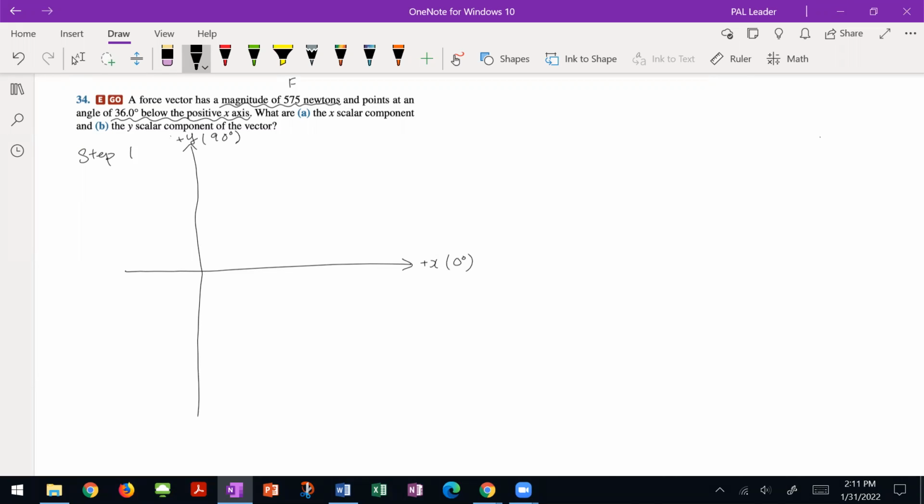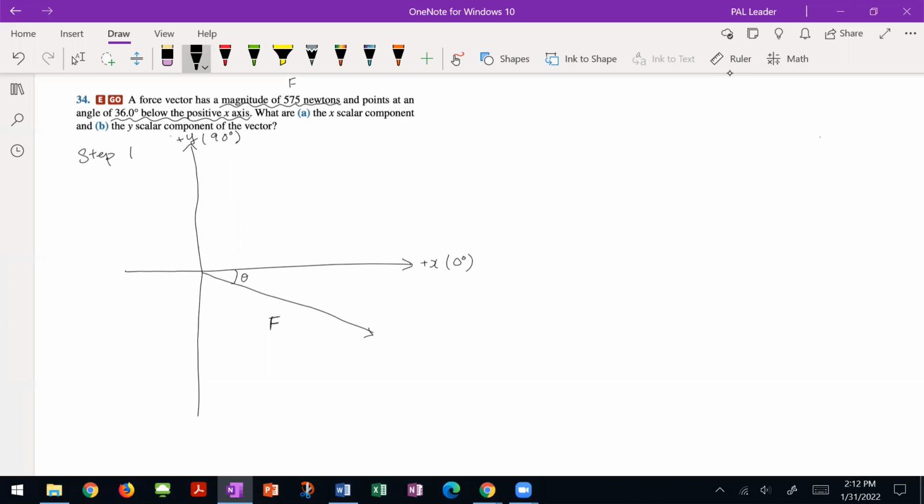Below meaning this way, right? It's not that way, it's going down. That is our F. And we are asked to find the X and Y components of this F force. And this is going to be our angle.